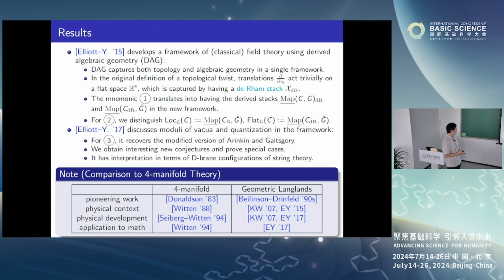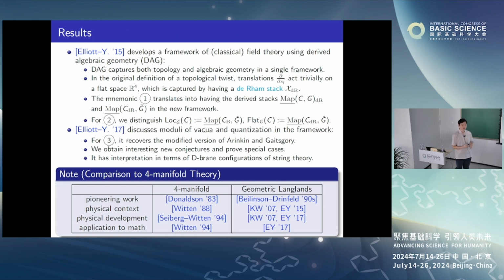And there is an analogy. In the field of geometric Langlands, Beilinson and Drinfeld made this pioneering work based on other work, making this conjecture, for example, and so on. And Kapustin and Witten provided a first shot at this physical context, but that wasn't quite for the version of geometric Langlands that Beilinson and Drinfeld formulated, as I explained.